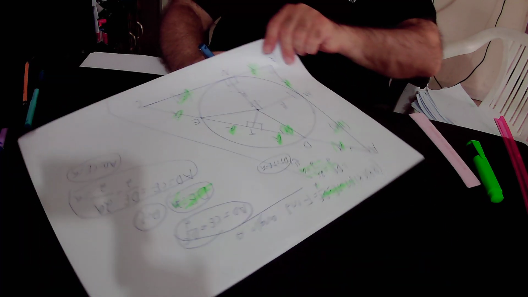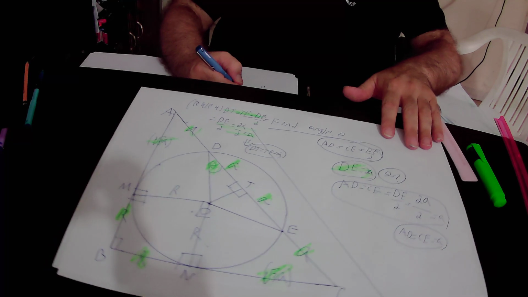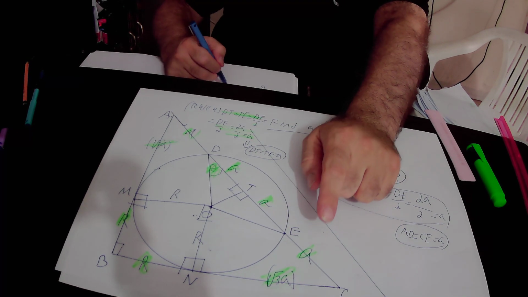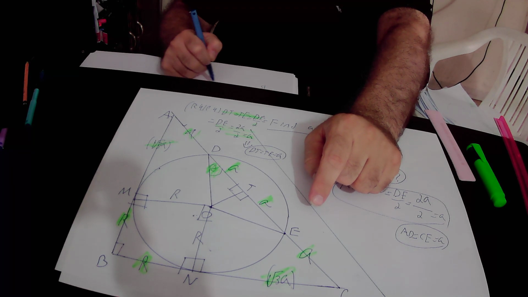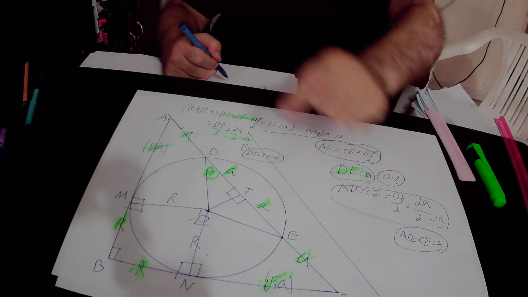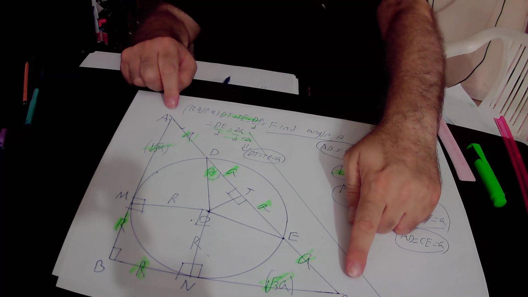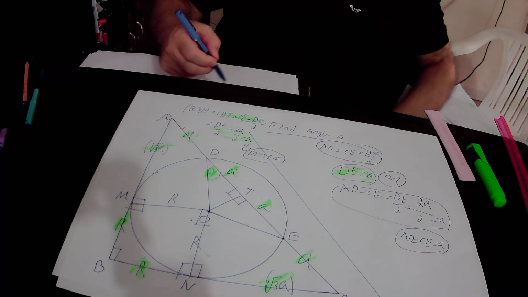And what is the length of side BC of the right triangle ABC? The length is also equal to square root of 3 times A plus R. And what is the length of the hypotenuse AC? The length of AC is A plus A plus A plus A, that is 4A.